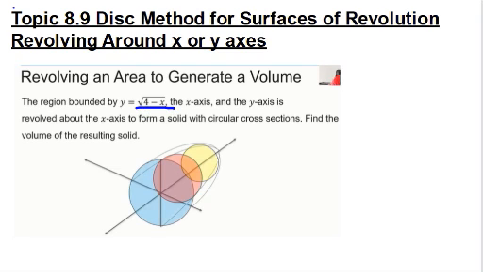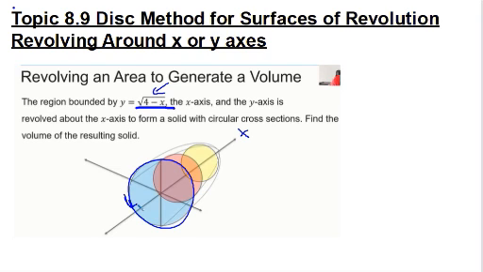This right here is the x-axis on your picture. We have taken this function, the square root of 4 minus x, and rotated it around the x-axis and filled it in with some goo to make it an actual solid.